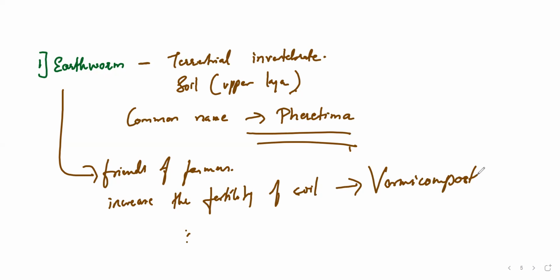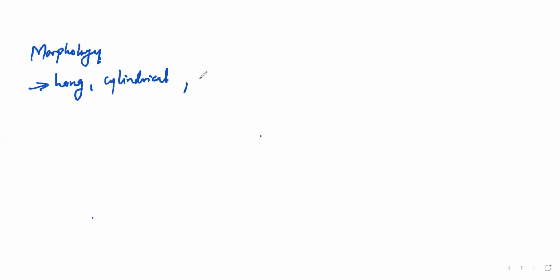Now we are going to see the morphological, that is the external features, as well as the internal features of earthworm. The first is morphology. Morphology means how does it look? Whenever you see an earthworm, the body is long and cylindrical in shape, and the body is divided into segments.